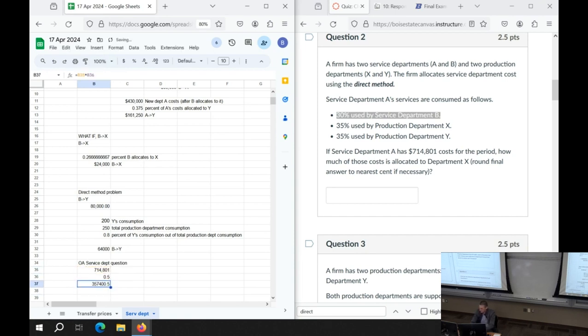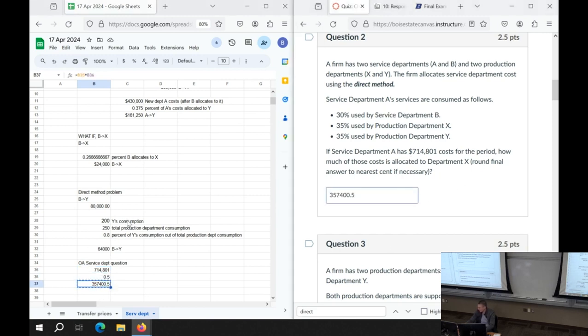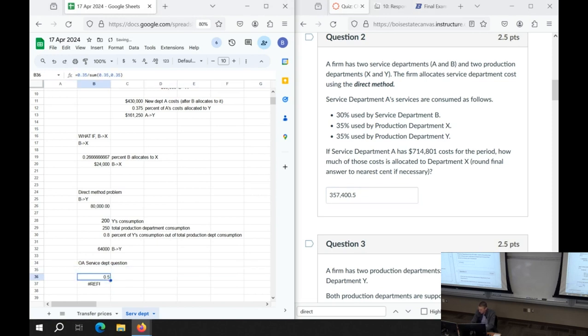So we multiply the costs of Department A by the 50%, and that's our allocation from A to X. And just for consistency, I always like to write in what we're looking for. I know we're going for A to X.